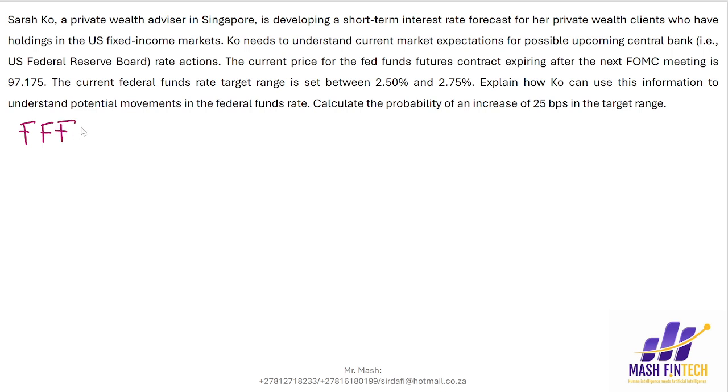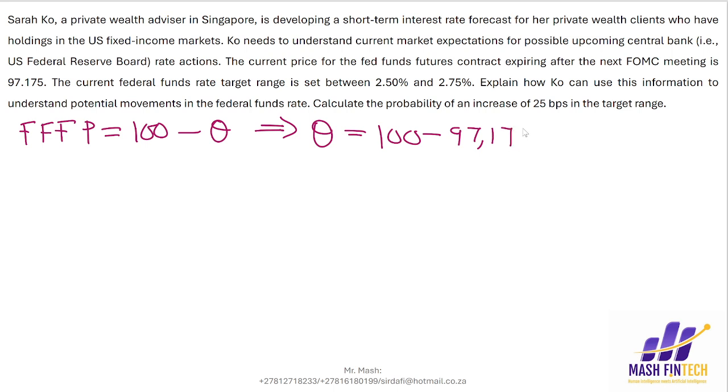So remember, we said the Federal Fund futures contract price is 100 minus the implied effective federal funds rate, which therefore means that this implies that the effective federal fund rate is going to be 100 minus 97.175.